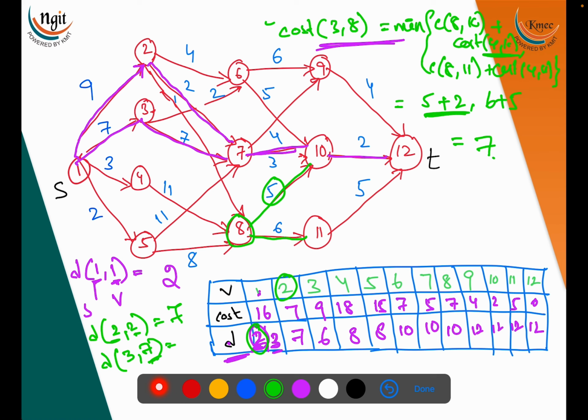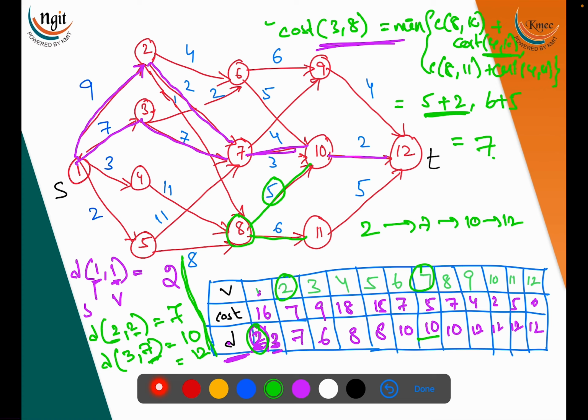The value is 10. And d4 comma 10, the value is 12. So this is one path: 2, 7, 10, 12 is one path. According to this tabulation method, the vertices give the shortest path, this 2, 7, 10, 12.